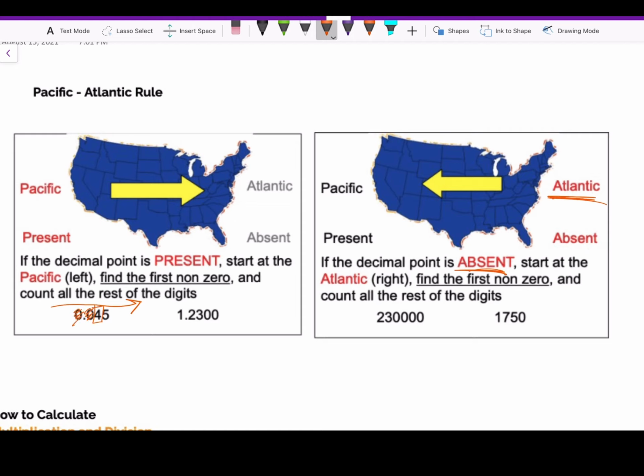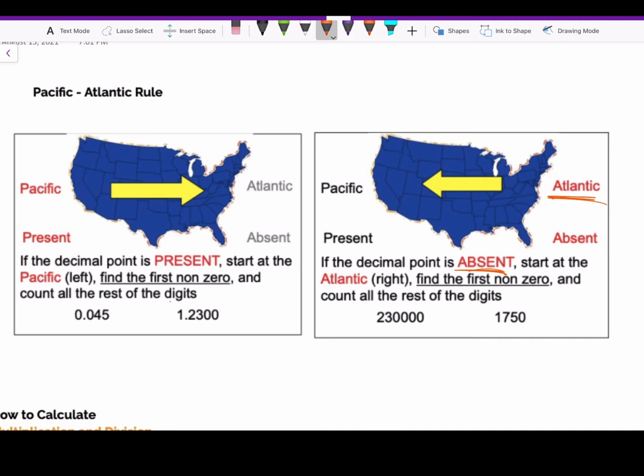Ah, 4. That is our non-zero. So that counts as a significant figure. And then 5, that counts too, because we start at this first non-zero and then we just keep counting. So 0.0045 has 2 significant figures. It only has 2 sig figs.